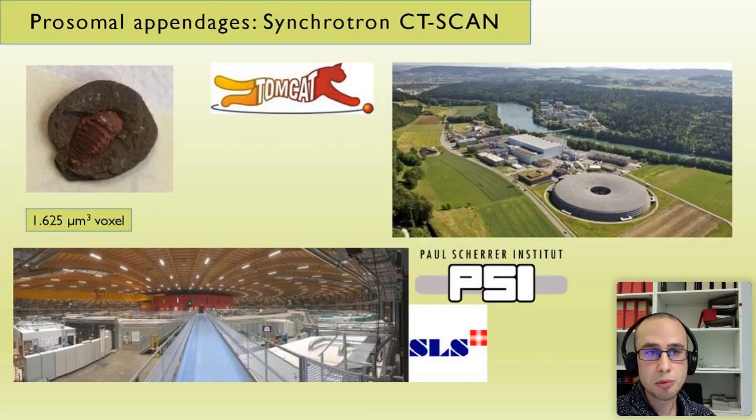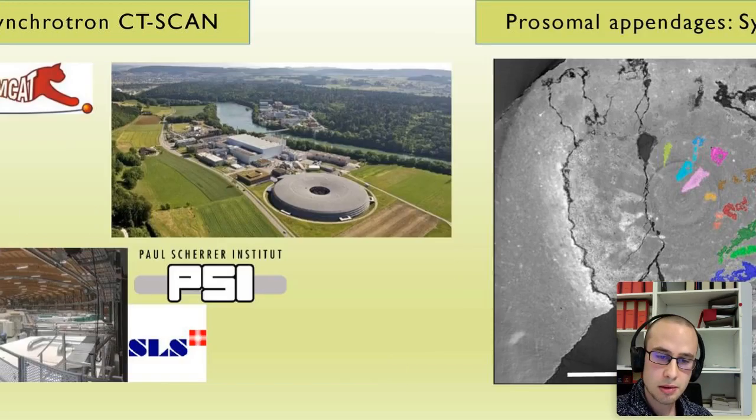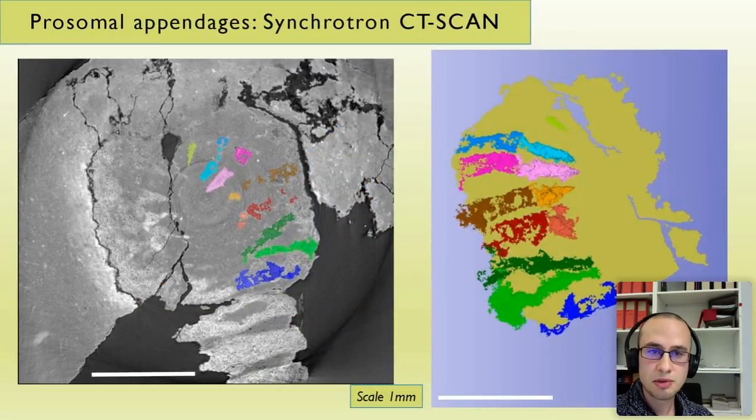To get more information about the appendages, we decided to do a synchrotron experiment on the specimen that you can see in the top left corner. We chose this specimen because being almost completely enclosed in the matrix it was a good candidate for the synchrotron experiment. And those are some of the results we got.